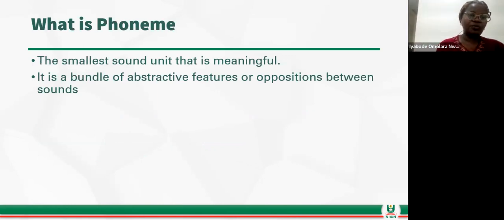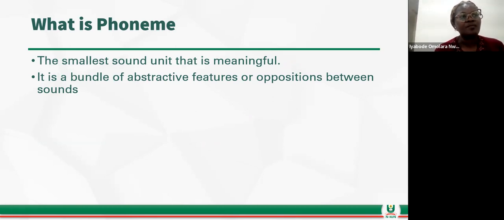So let's start with phoneme. Now there are many views. If you look at the course materials, there's an extensive discussion about phonemes there. The commonest definition of a phoneme is that it's the smallest sound unit that is meaningful.